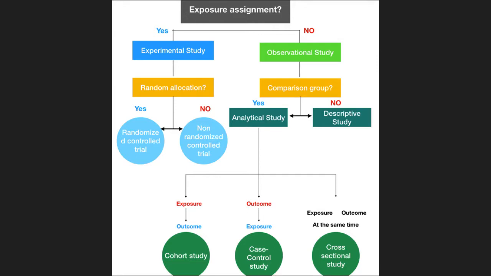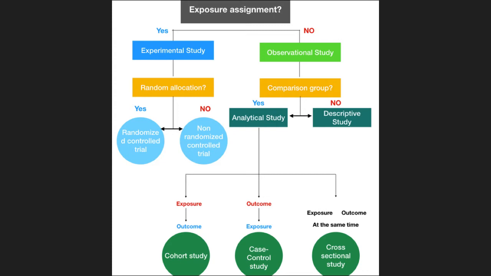This is a nice outline that explains the study designs or the research designs. At the top, we see the exposure assignment. If we allocate exposure or allocate intervention, the studies will be experimental studies.